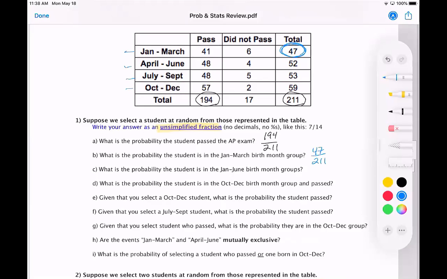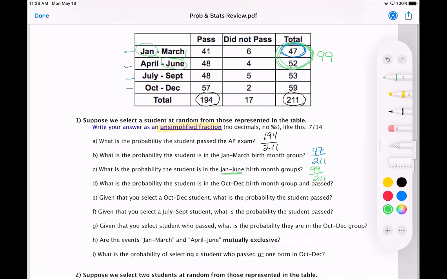Letter C, what's the probability a student is in the January to June birth month groups? We need January to June, so we're going to add all of these together, which is 99. So there are 99 students in one of those 2 groups, 99 out of 211, which is about half.